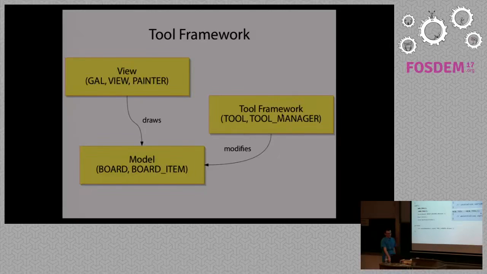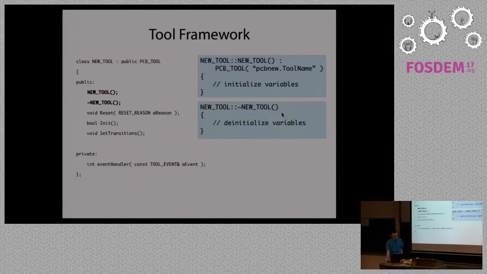So here's the basic skeleton for a tool. There is a base class called PCB-Tool, and from that you have to implement only a few functions to create a new tool. As with every C++ class, there's a constructor and destructor, nothing really special here. You can initialize or free your resources.